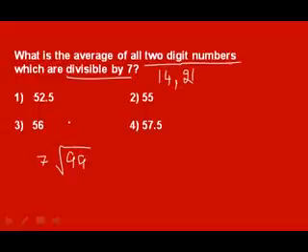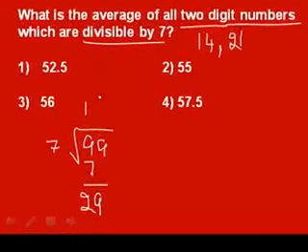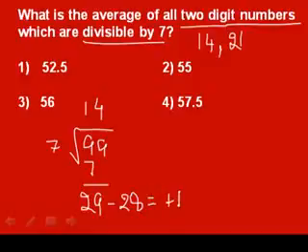If we divide 99 by 7, you can clearly see here, we're getting a remainder of a positive 1, which means the last number to be divisible by 7 and being a 2-digit number is 99 minus 1, that is 98. So the last number which is divisible by 7 and is a 2-digit number is 98.